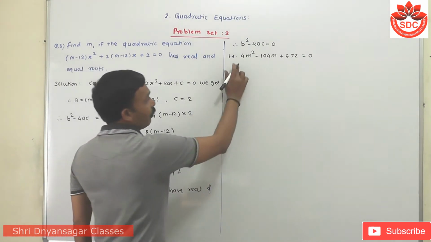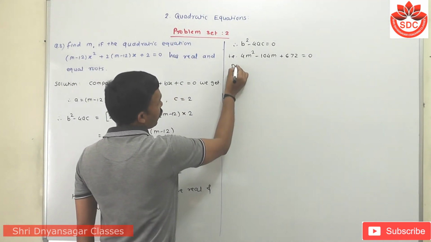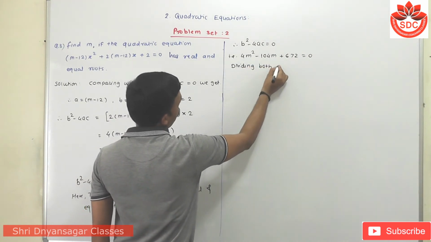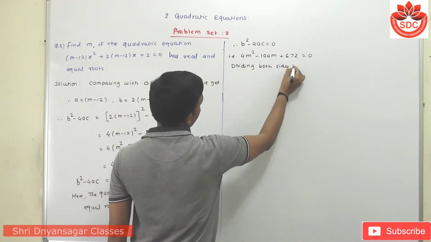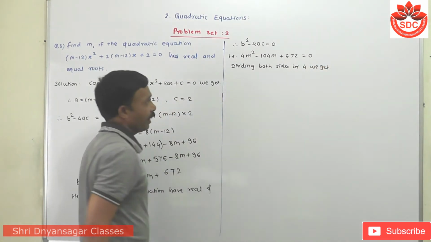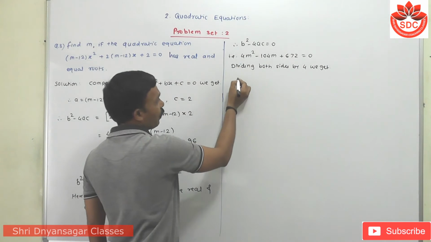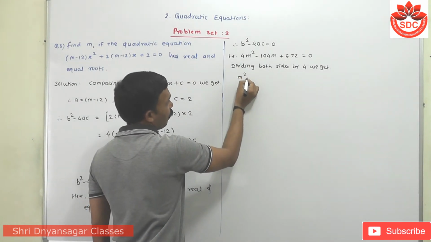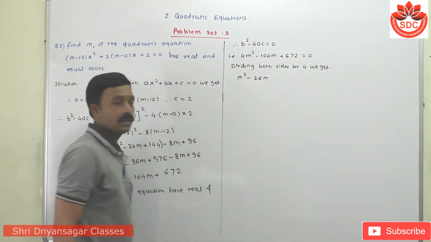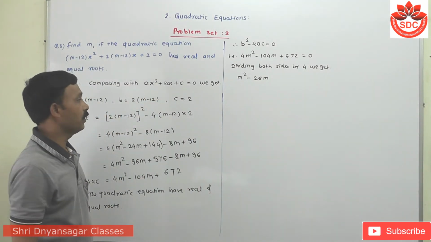Then when we look here, we have to divide both sides by 4. I can directly write here: when we divide it by 4, we get m square minus, this is 26m, 26 4s are 104.